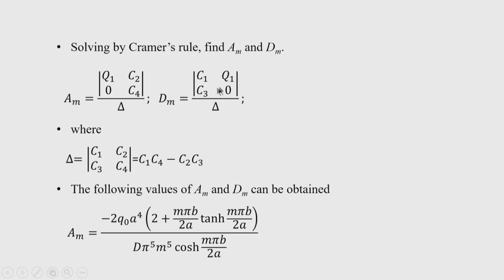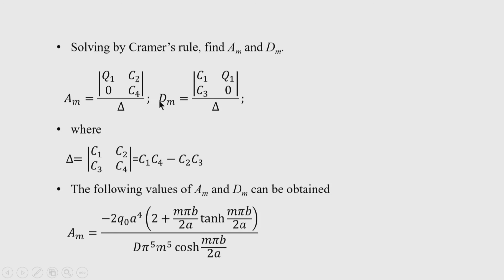Okay. So, similarly, the first coefficient is a_m. So, the first column is replaced by the right hand side value. The right hand side value is Q1 due to the forcing term. In the second equation it is 0, and the second column contains the coefficients C2 and C4.